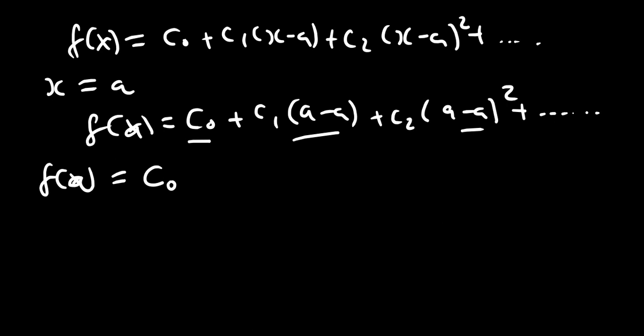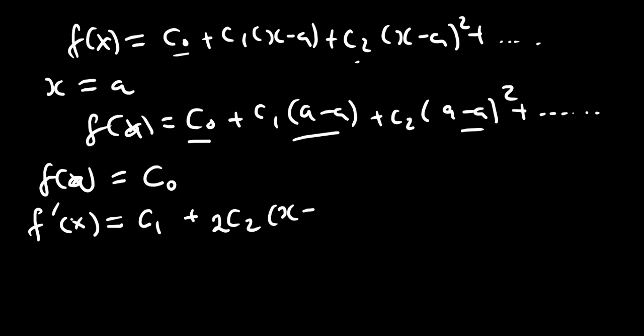What if I differentiate the function now? If I differentiate f of x, of course this is a constant, and differentiating a constant gives 0. Then you have c1, since the power is 1, 1 minus 1 gives 0 in the power and this becomes 1, so I just remain with c1. Plus, there I have 2 in the power, so 2 multiplied by c2, and I subtract 1 from the power to get x minus a.